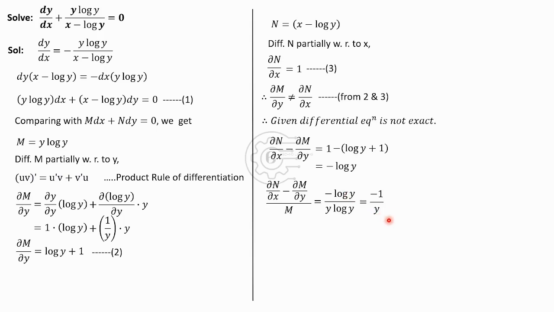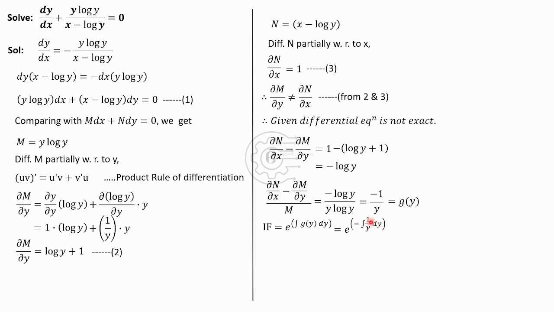Now here we can say that this value is a function of y, and therefore the integrating factor in this case is given by e raised to integration of g(y) into dy. Let us substitute the value of g(y). So we write e raised to integration of minus 1 upon y into dy.